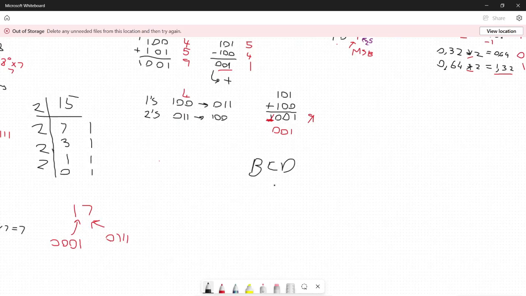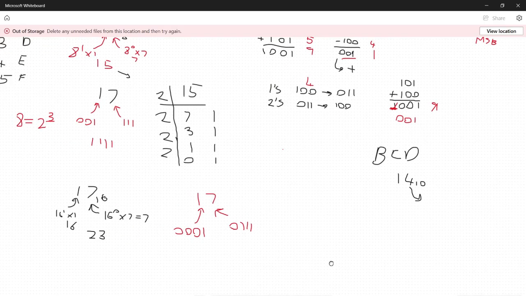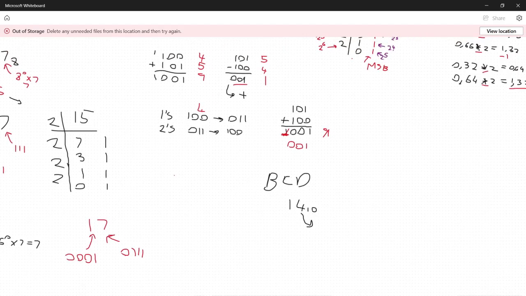BCD basically takes the number, let's say 14, in decimal, and encodes each digit to a binary value. So BCD works almost the exact same way as hexadecimal. We're going to use 4 digits. So this is going to be 0, 1, 0, 0, and this is going to be 0, 0, 0, 1.